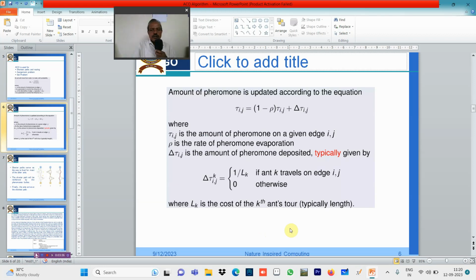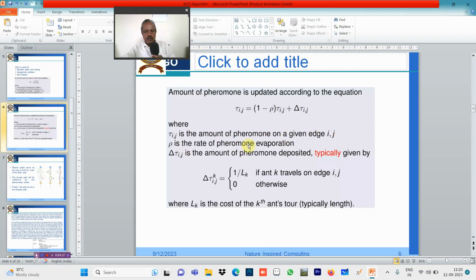Then the amount of pheromone is updated according to the equation: tau_ij equals (1 minus rho) times tau_ij plus delta tau_ij. Tau_ij, as I told you, is the amount of pheromone on a given edge i and j.